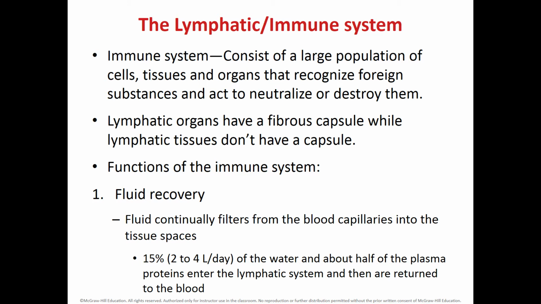But the other 15% will be recovered by the lymphatic system. We have between 2 to 4 liters that are delivered into the lymphatic system so that it can return this fluid into the circulatory system. The composition of this lymphatic fluid is similar to that of plasma.